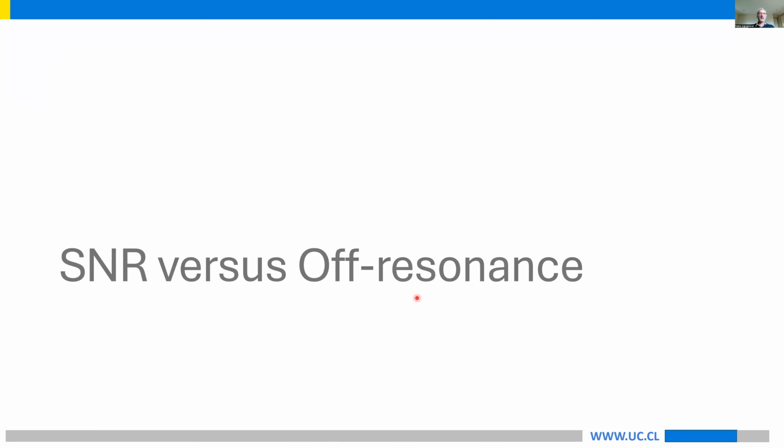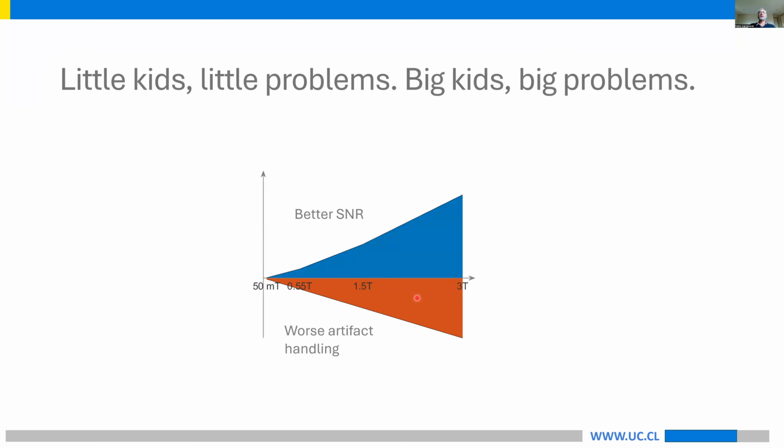So here we have this SNR versus off resonance dilemma. And I would like to show you a general overview. So in general, in terms of SNR, the bigger the field, the better. So here in blue, going up, you have a better SNR. But also, off resonance, and other artifacts, are much harder to handle if you are at higher field.